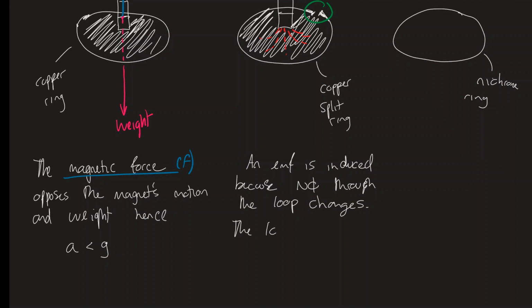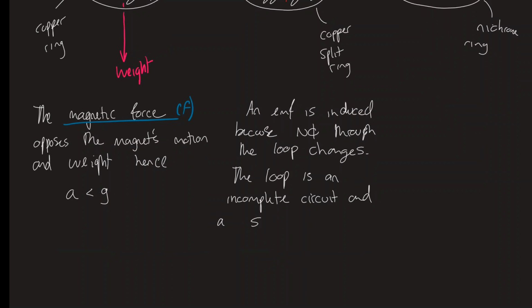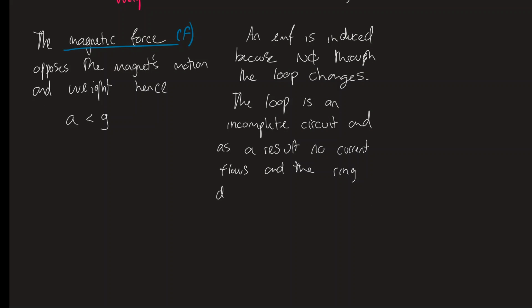The loop is an incomplete circuit, and as a result, no current flows, and the ring does not produce an opposing magnetic field.